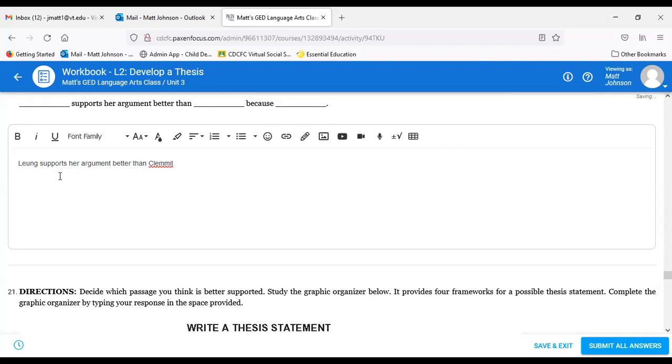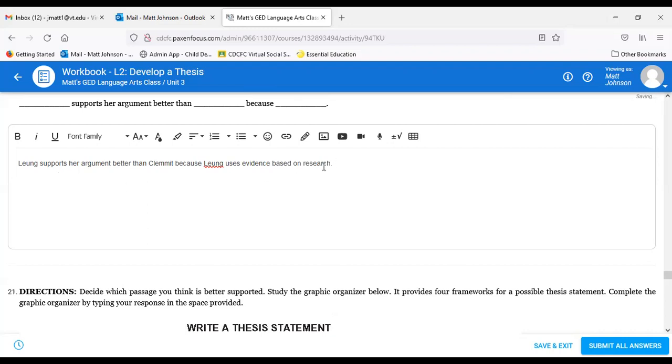Okay. Because Leung uses evidence based on research. Okay. Based on research. Okay.